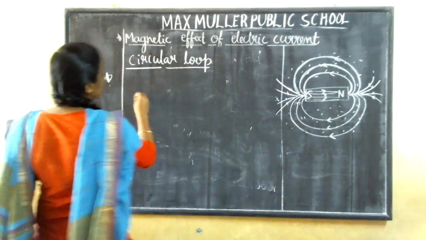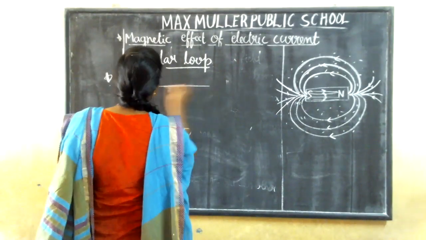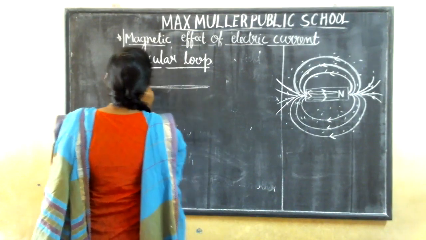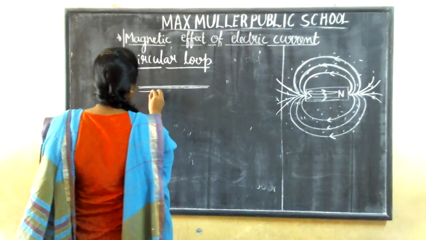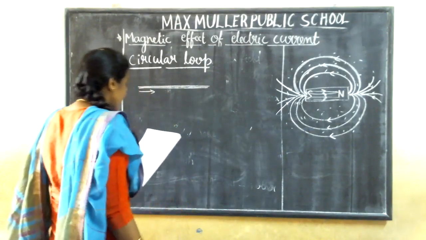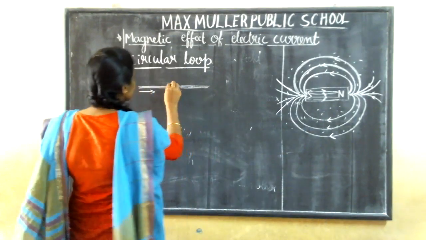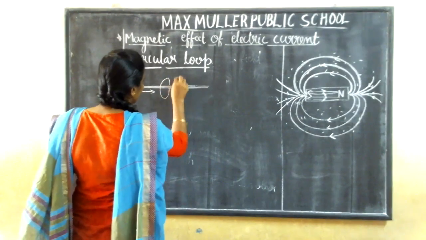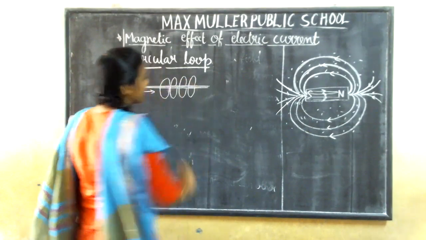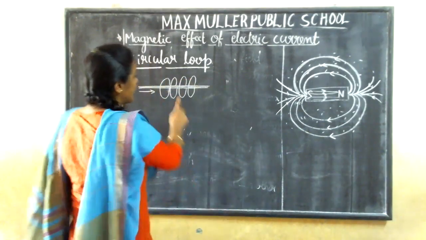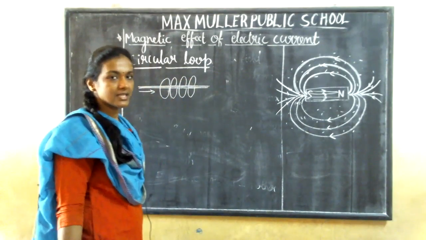What I said before: if you have a current passing wire like this, and the current is in this direction, you can see the magnetic field lines like this, isn't it?